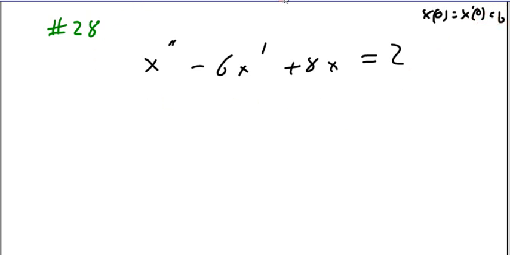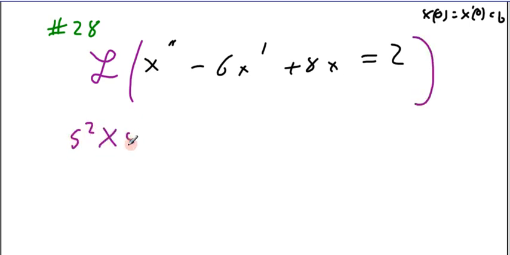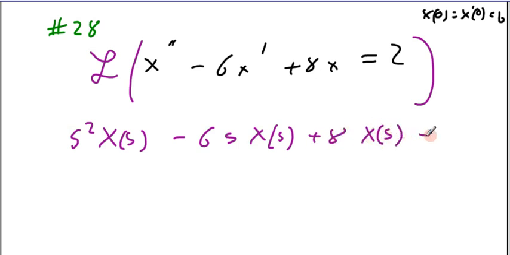I love it when they're 0. Laplace transform of the whole thing. s squared X of s minus 6 s X of s plus 8 X of s is going to be 2 over s.